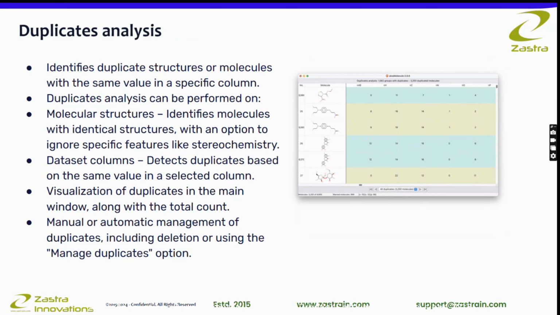Then we have the duplicate analysis. Duplicate means, suppose you have a data set of 1,000 compounds, and there are duplicate compounds. As you can see on my right hand side, there is a graphical user interface, and you can see multiple molecules which are duplicates of each other. All those duplicate molecules will be assembled or shown in a single color.